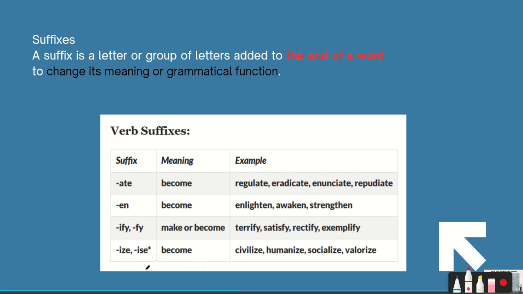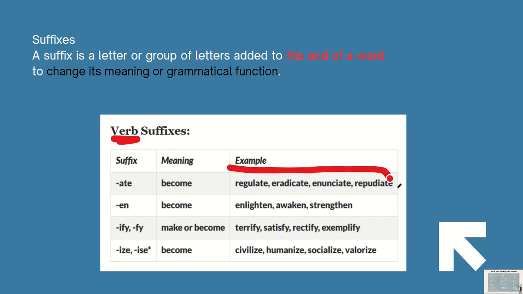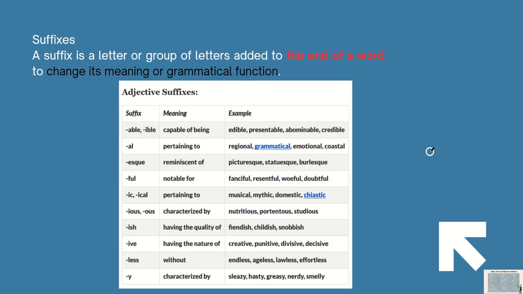So every time you see a word that ends with ATE, EN, these suffixes show they are verbs. Then adjectives. So these are the vocabulary in the columns here, and with these suffixes the word becomes an adjective and somehow the meaning changes as well.